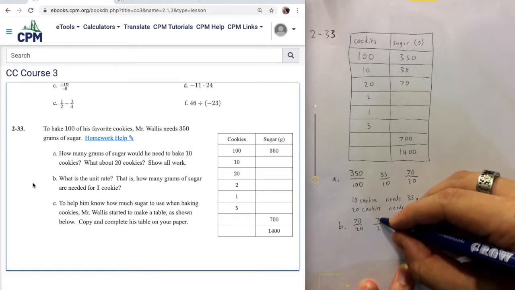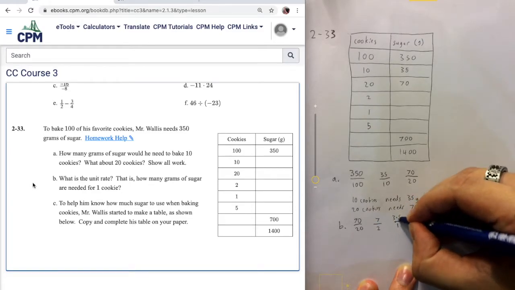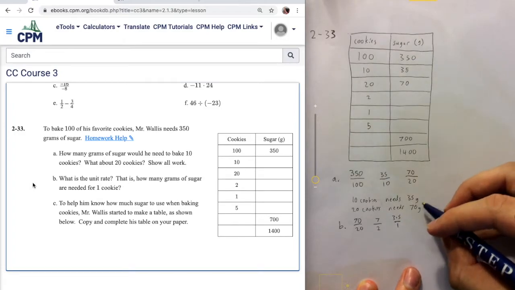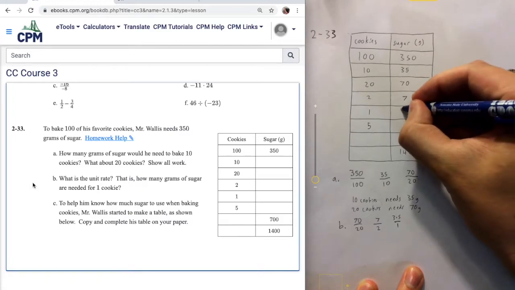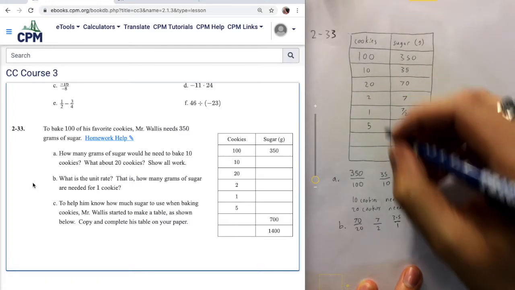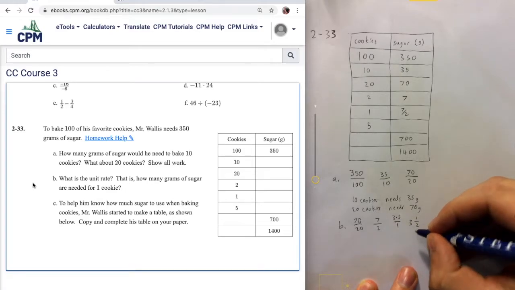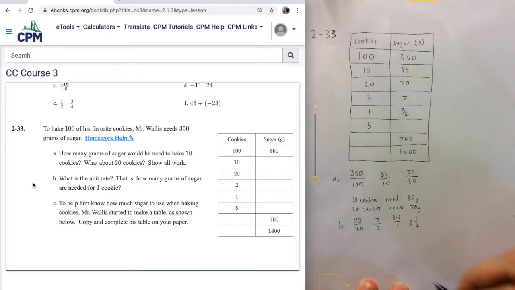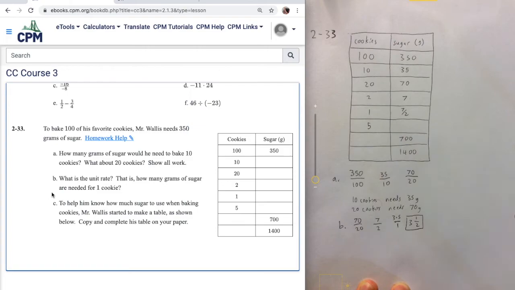So you can either leave it as 7 over 2 or do 3.5. But either way, the unit rate is going to be 7 halves, or you could also say 3 1/2 if you want it in a proper fraction. So I would box that as the answer.